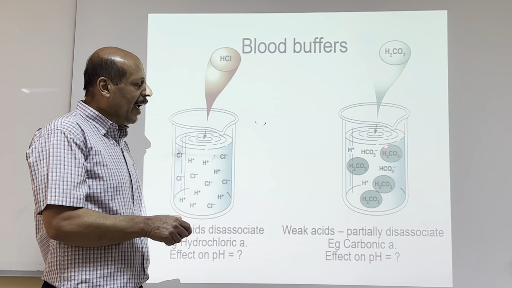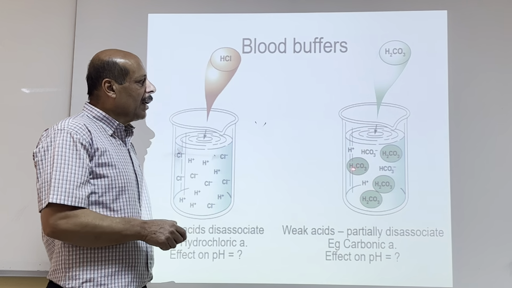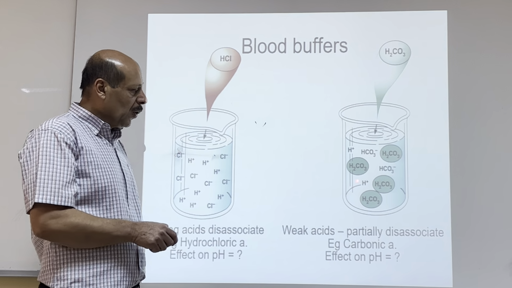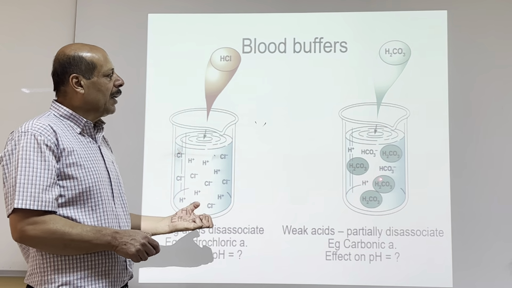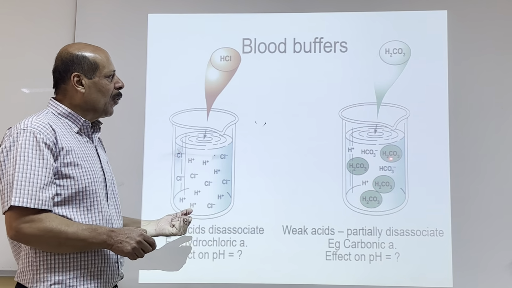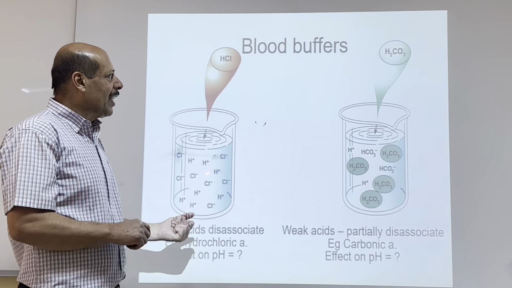Not all the hydrogen will be a free ion in the blood. But the hydrochloric acid will all be dissociated in the blood solution, and it is a strong acid.